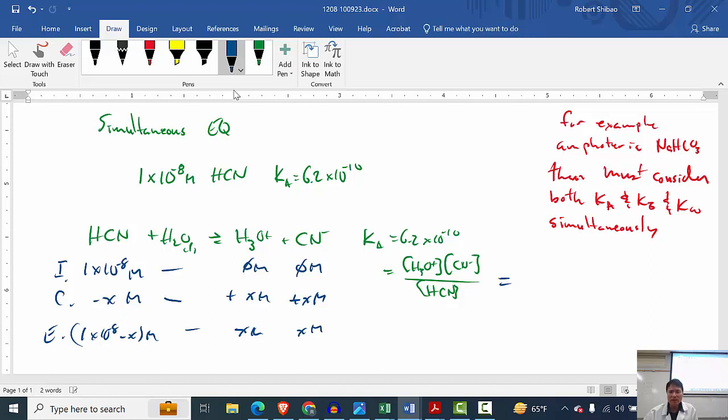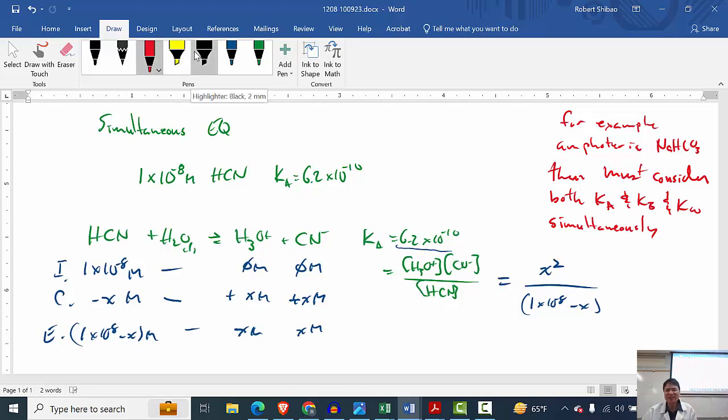So it's going to be X times X, which gives us X squared on the top. And then on the bottom, we're going to have 1 times 10 to the minus 8 minus X. And this has to equal 6.2 times 10 to the minus 10. Then automatically, I always use a simplifying assumption, because it makes the math a lot easier if it works. If it doesn't, then we'll have to use the quadratic.